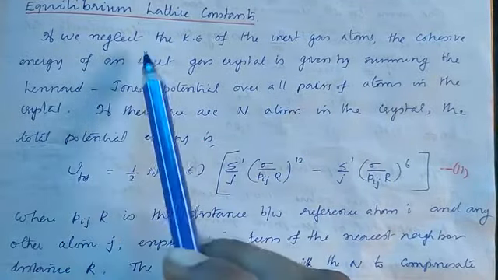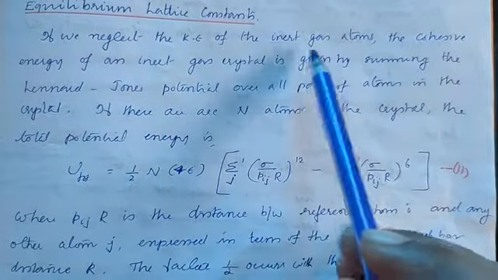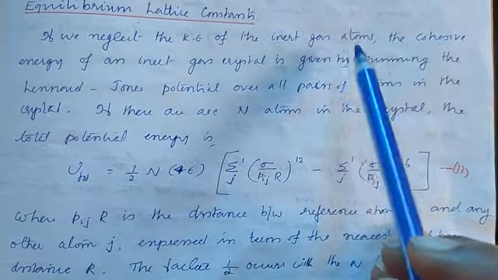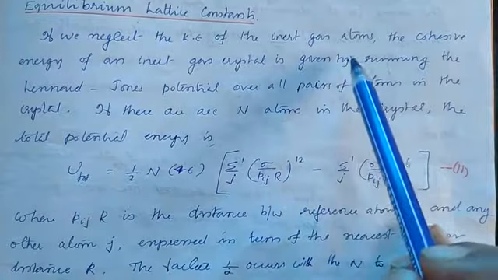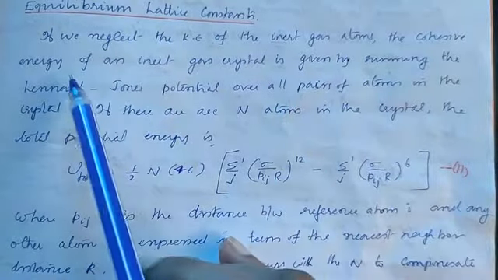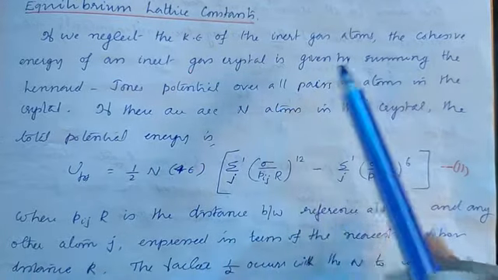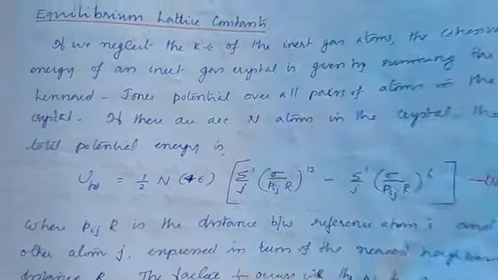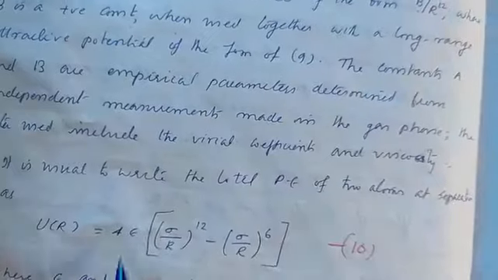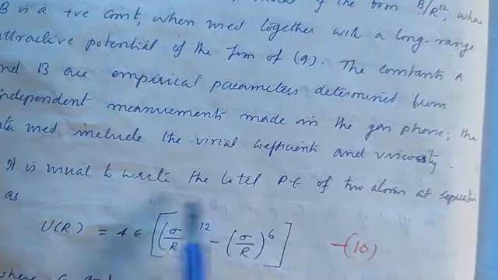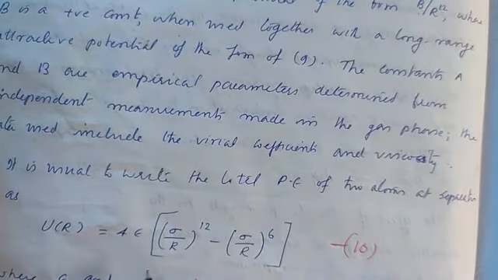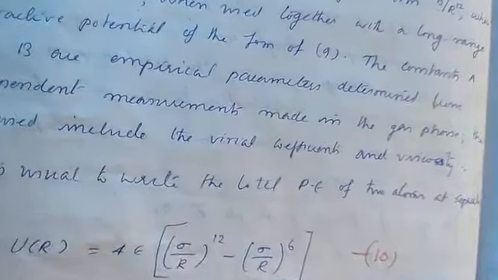So what we are doing is neglecting the kinetic energy of the inert gas atoms. The cohesive energy of an inert gas crystal is given by summing the Lennard-Jones potential, given by this expression, over all pairs of atoms in the crystal.